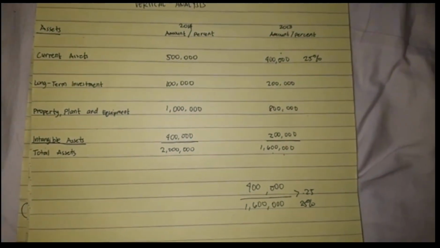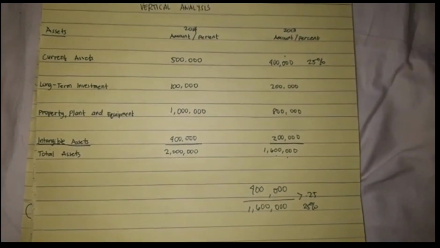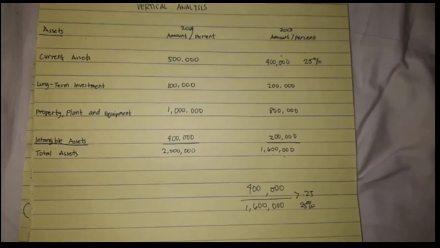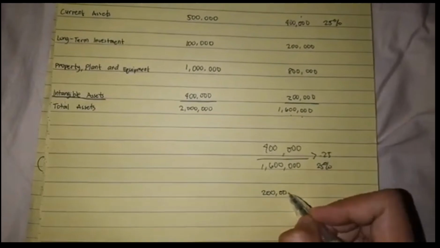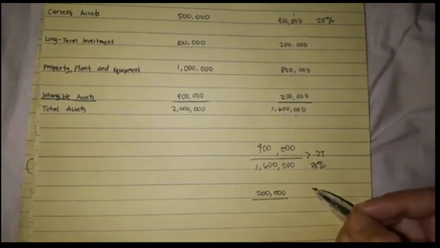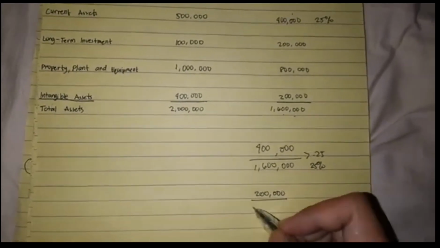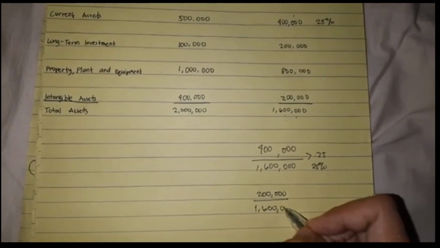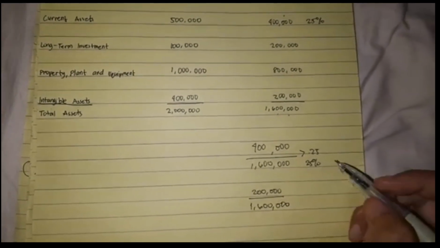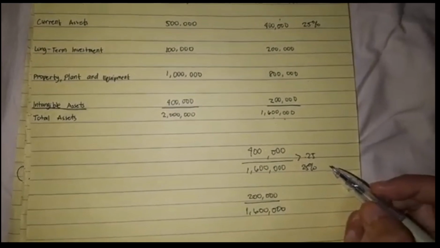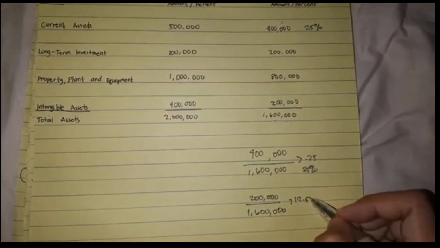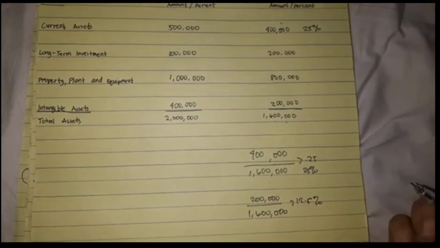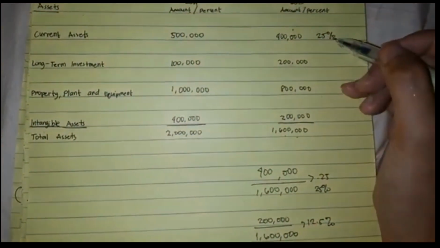I will do that for each and every one of these. So I'll take the 200,000 and divide by the 1.6 million, which gives me 12.5%.